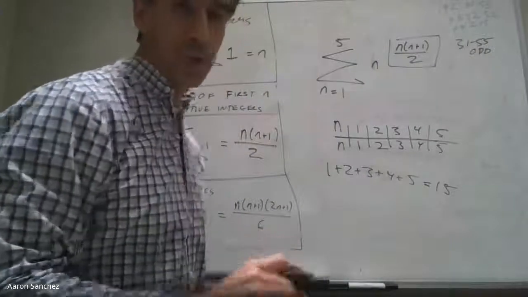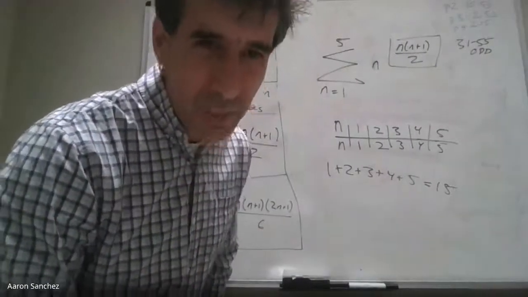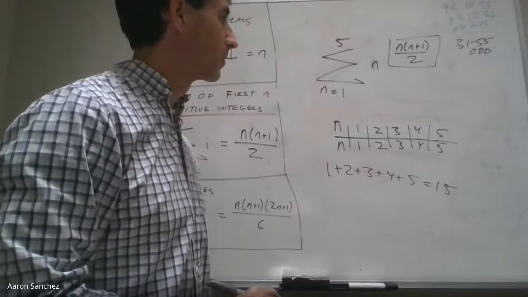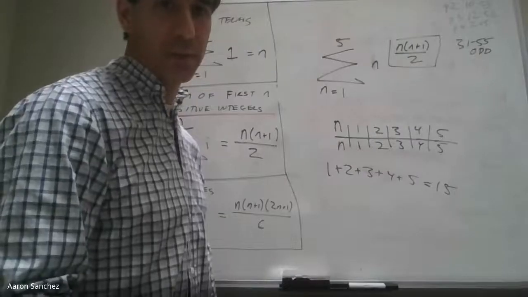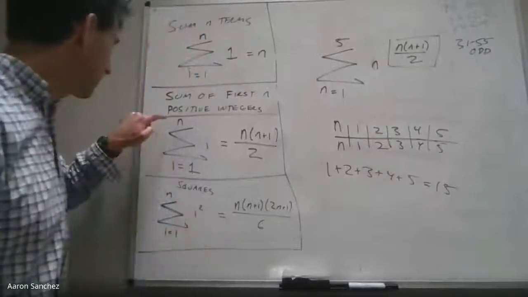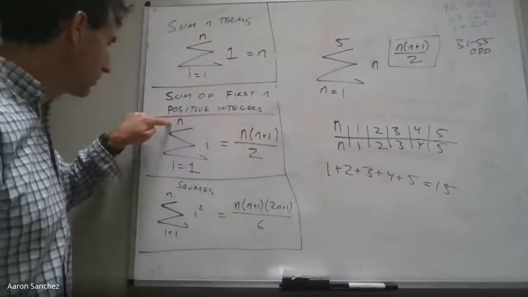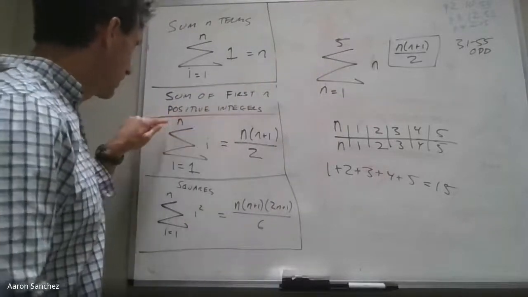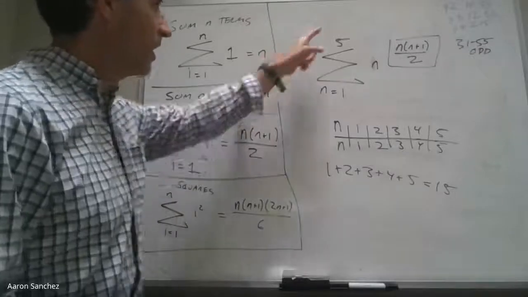Okay, well, what is my n? Thomas, what's my n here? Nope, not 1. N. Look here, Thomas. N is 5.